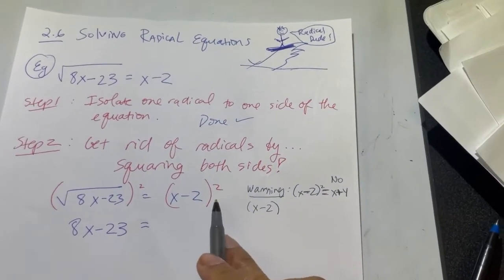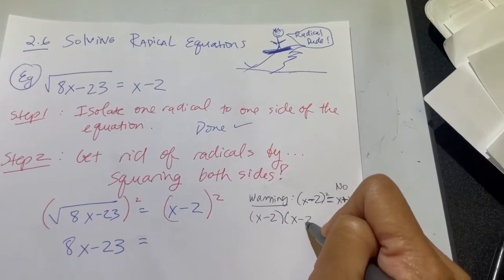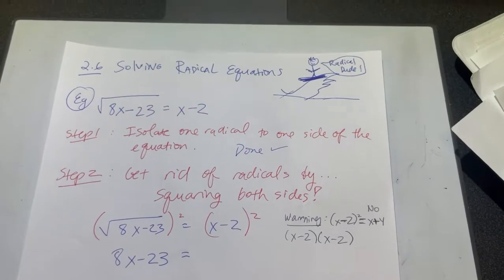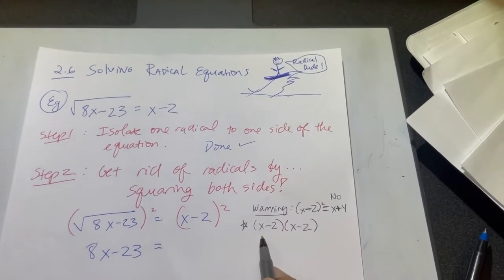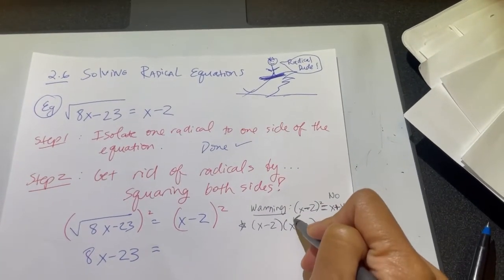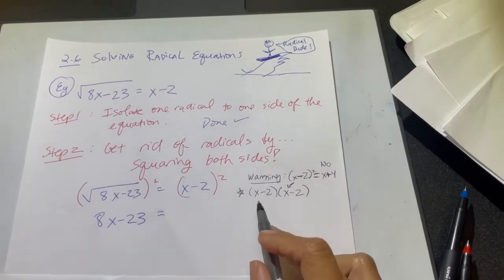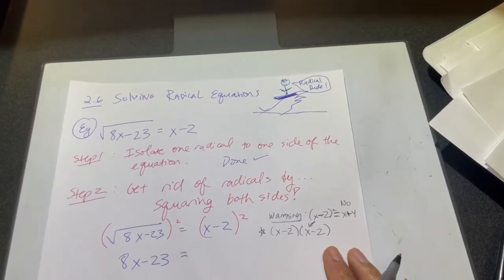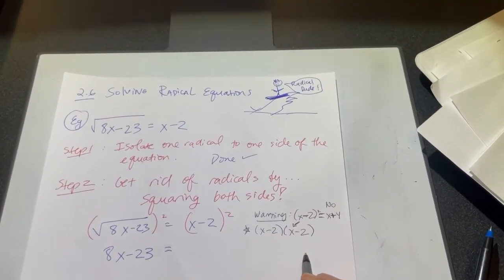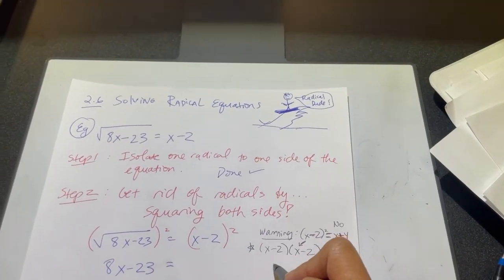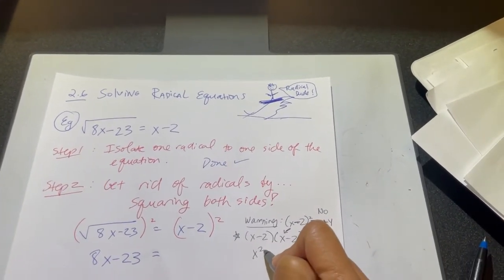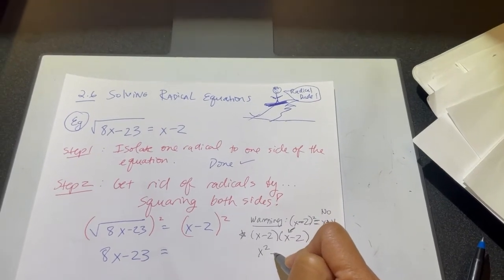So x minus 2 squared means you're doing x minus 2 times x minus 2, right? If you FOIL it, what do we get? X squared minus, and how did you get 4x?